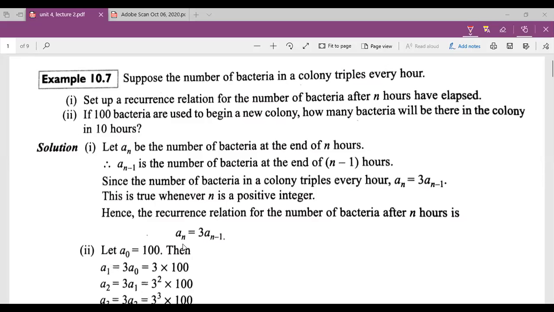The recurrence relation is a_n = 3 a_{n-1}. So, we put values for n.